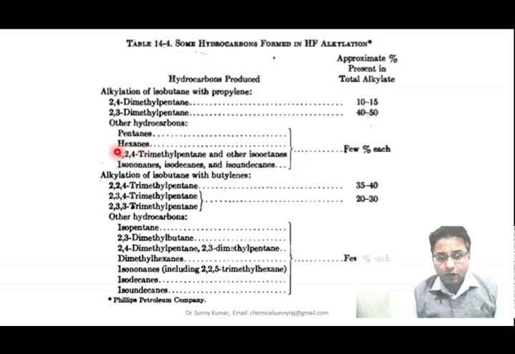Other hydrocarbons are pentanes, hexanes, 2,4 trimethyl pentanes, and other isooctanes, isononanes, and isodecane.